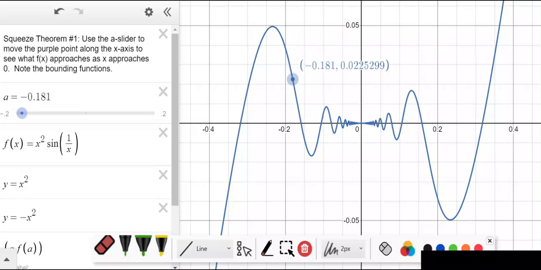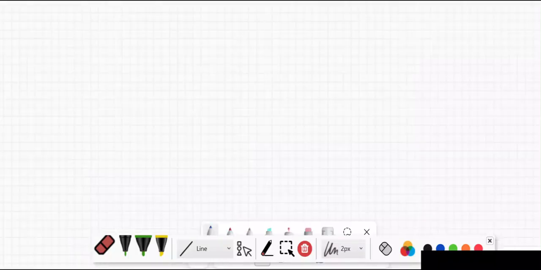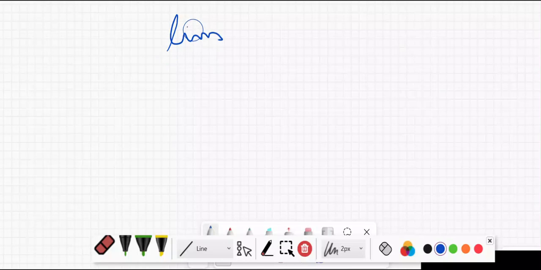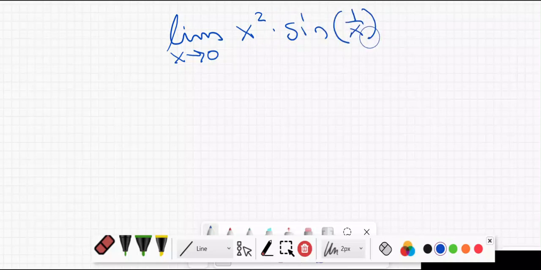And so stepping away from this for a second, here's our idea. We're trying to get a limit for something like, as x approaches 0, our function x squared times sine of 1 over x. It was that 1 over x that was causing the jumping back and forth.